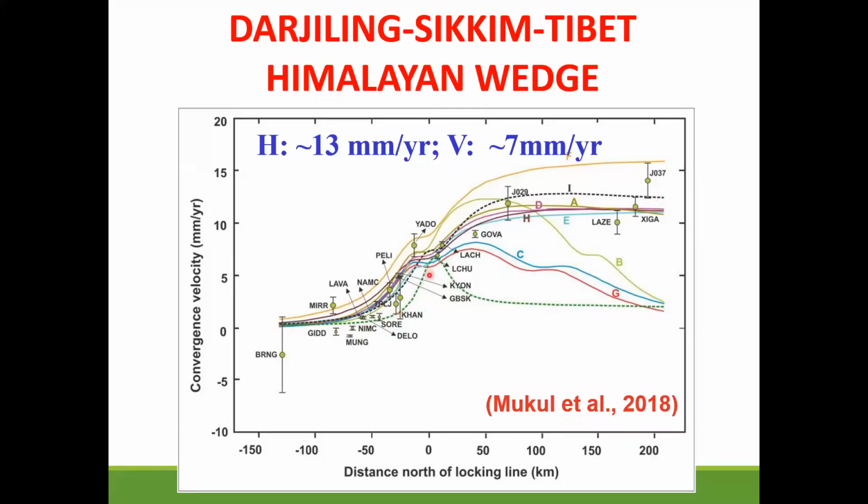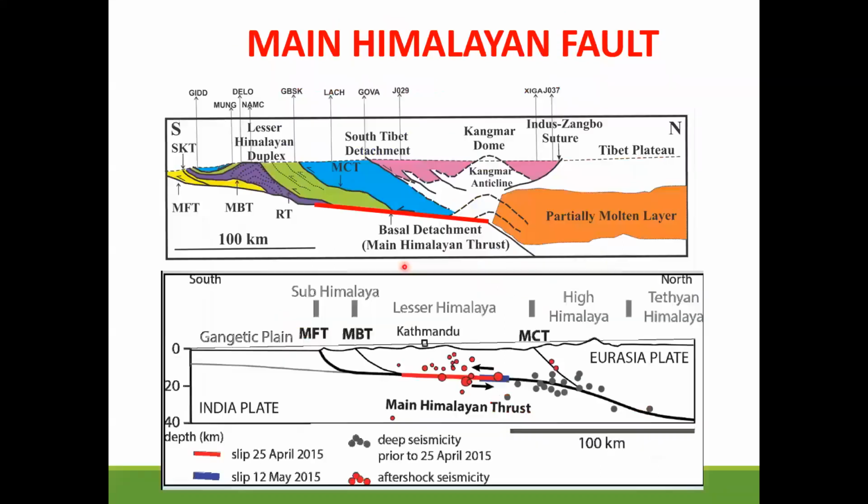So if you do a similar comparison between what's happening in Darjeeling, Sikkim, and most of the Himalaya and Nepal Himalaya, that's the main central thrust right here. So this is the aseismic part, where everything is accumulating.